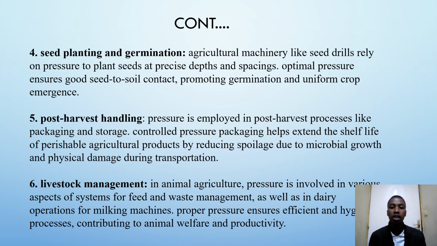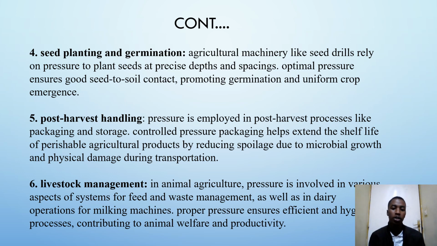Pressure is employed in post-harvest processes like packaging and storage. Controlled pressure packaging helps extend the shelf life of perishable agricultural products by reducing spoilage due to microbial growth and physical damage during transportation.